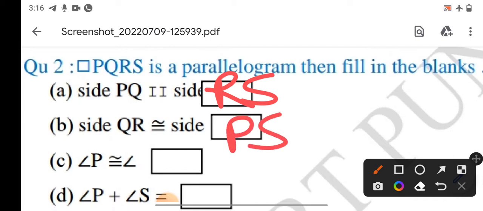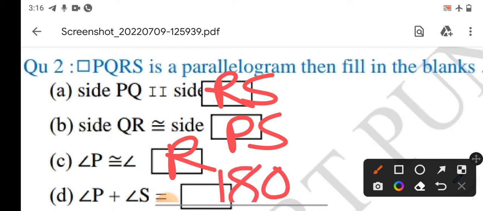And sub question C, angle P congruent angle R, and angle P plus angle S equal to 180 degrees.